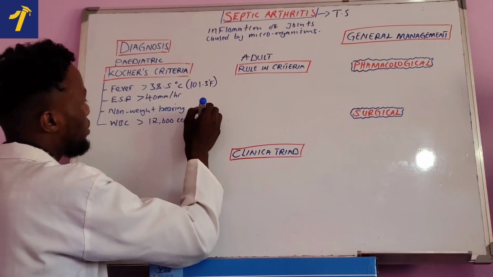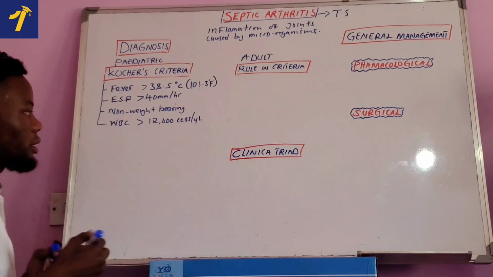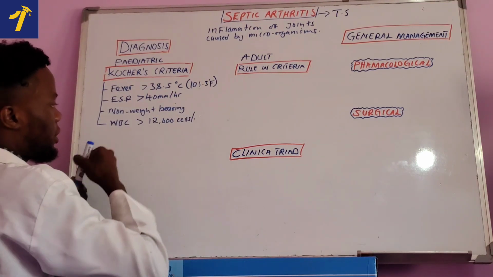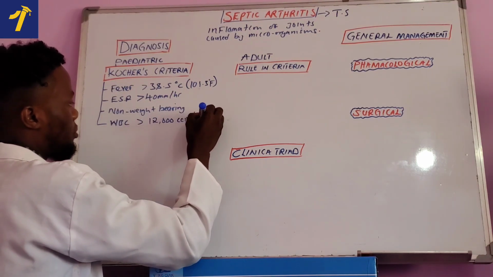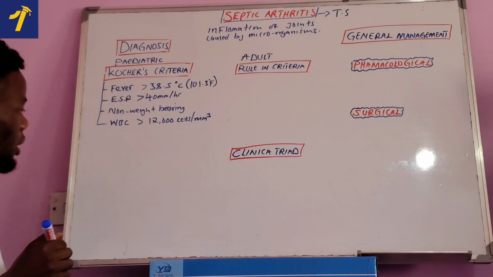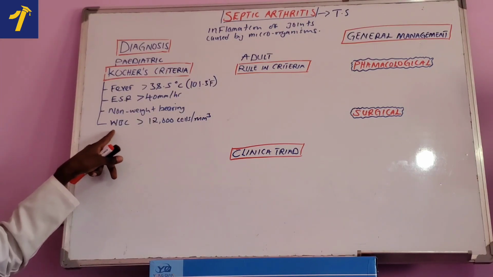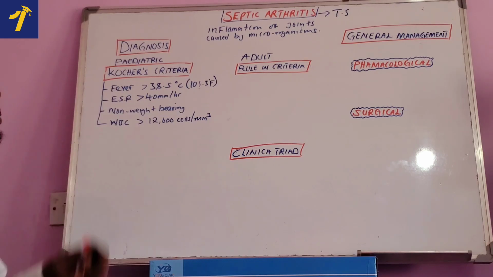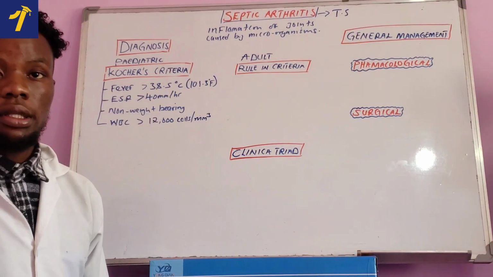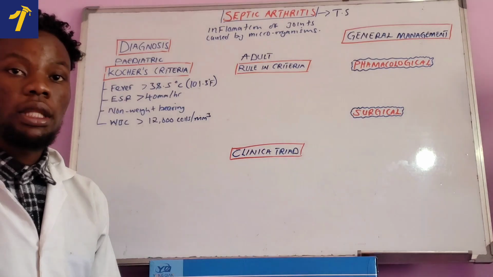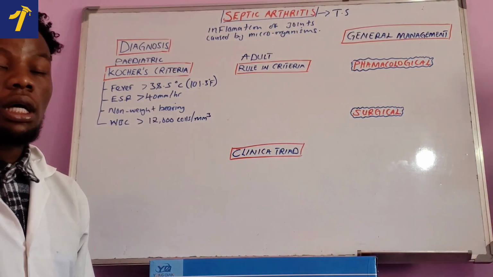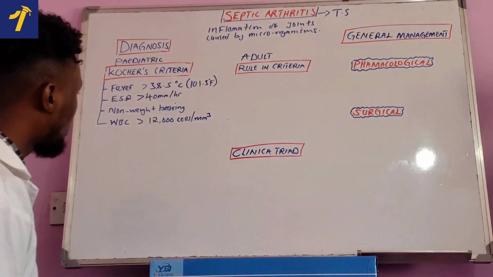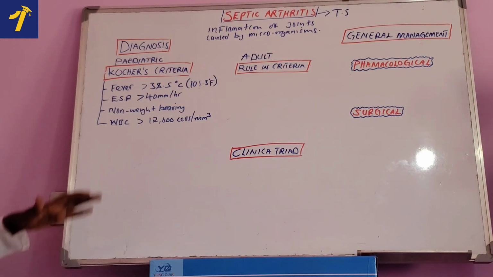Let me just say the simplest one, let's just say per millimeter to the power 3, okay? So WBC has to be greater than 12,000 cells per millimeter to the power 3, okay? That should be an important indicator of infection in the body. You need to understand that. So this is what we call Kocher's criteria.